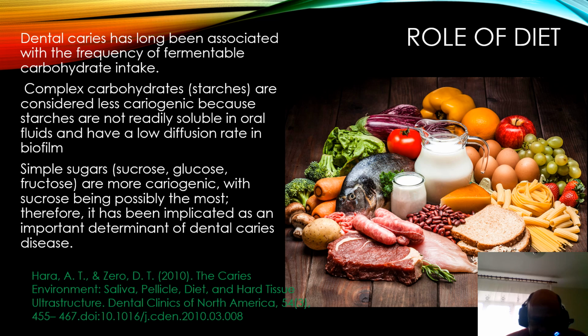But we need to mention a role of diet. Dental caries has long been associated with the frequency of fermentable carbohydrate intake. Complex carbohydrates, or starches, are considered less cariogenic because starches are not readily soluble in oral fluids and have a low diffusion rate in biofilm.